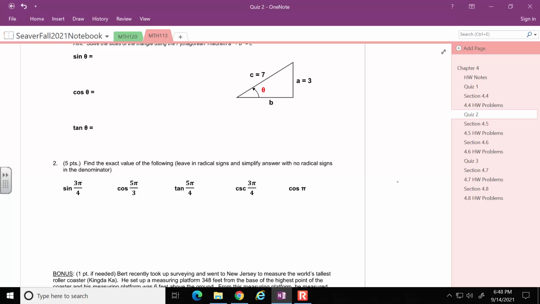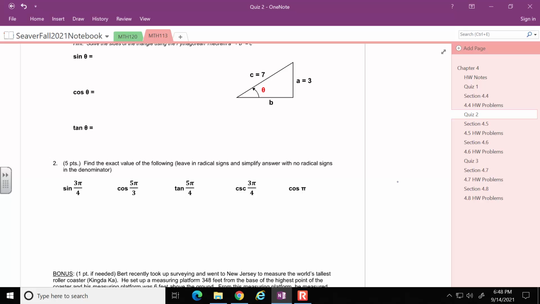One threw me off, which is the tangent. The tangent is opposite over adjacent. That's 3 over 2 square root 10.